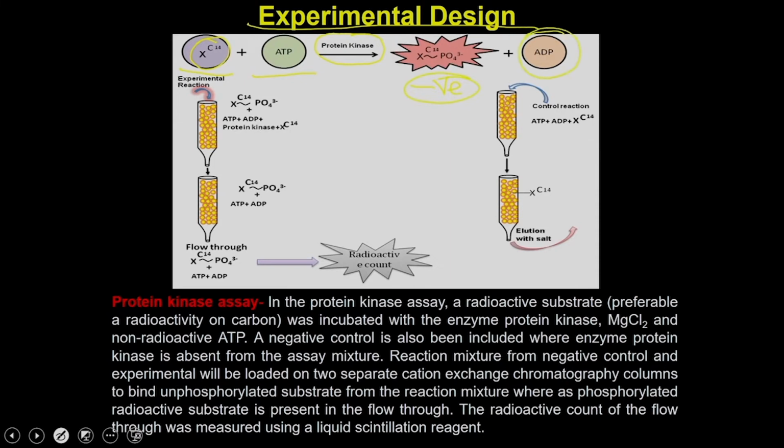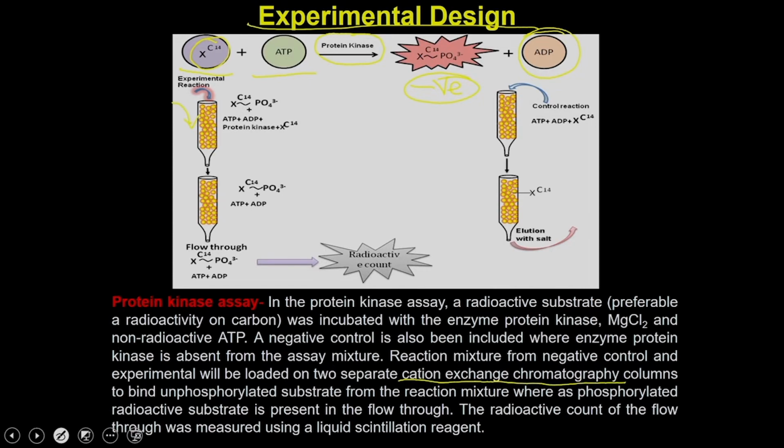Now, you take this complete assay mixture and load it onto the ion exchange column. In this case we are taking a cation exchange column. So, what will happen?